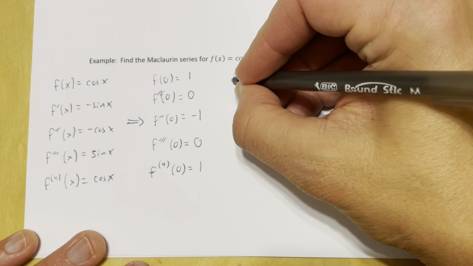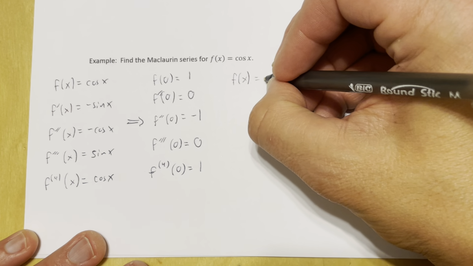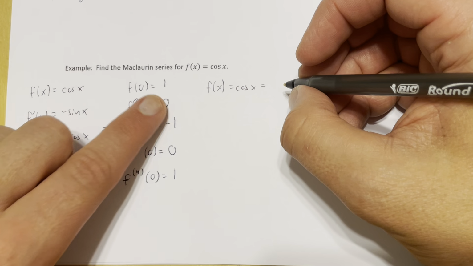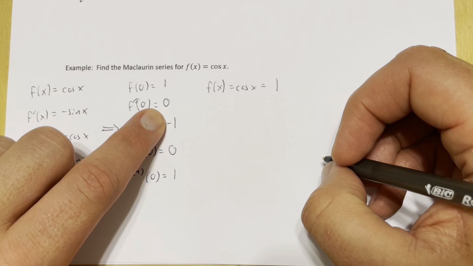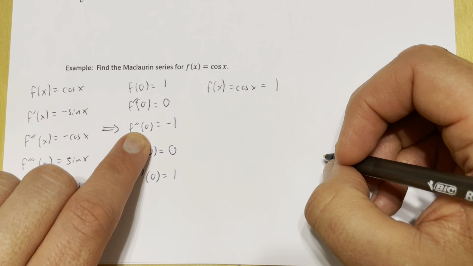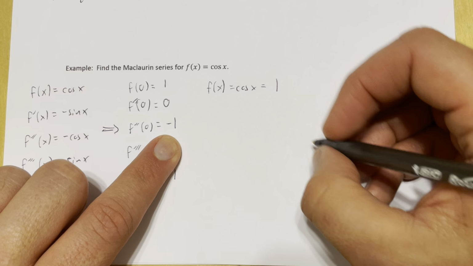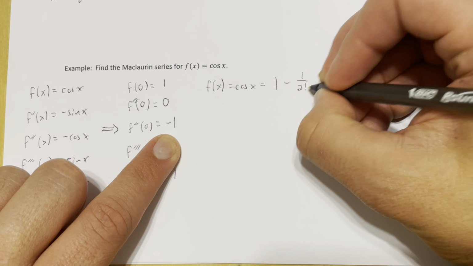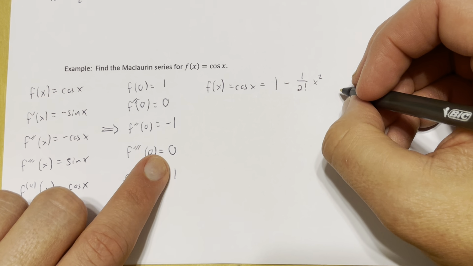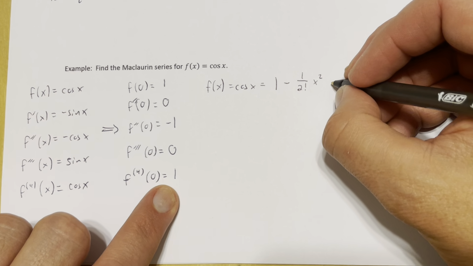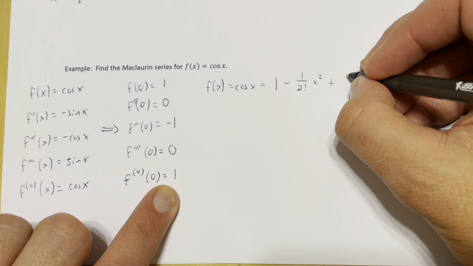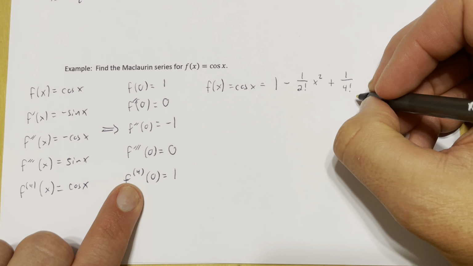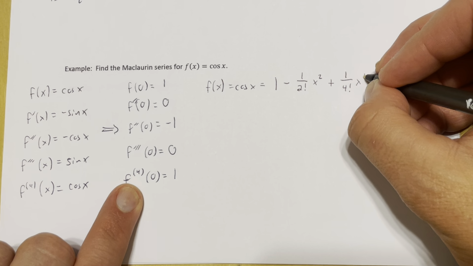So what this tells me is that my Maclaurin series for cosine of x is equal to my constant term 1 plus 0, so there's no x term. My second order term, which gives me my x squared term, looks like minus 1 over 2 factorial x squared plus 0, so no x cubed term, plus 1, positive this time, over 4 factorial, because it's my fourth derivative here, x to the fourth.